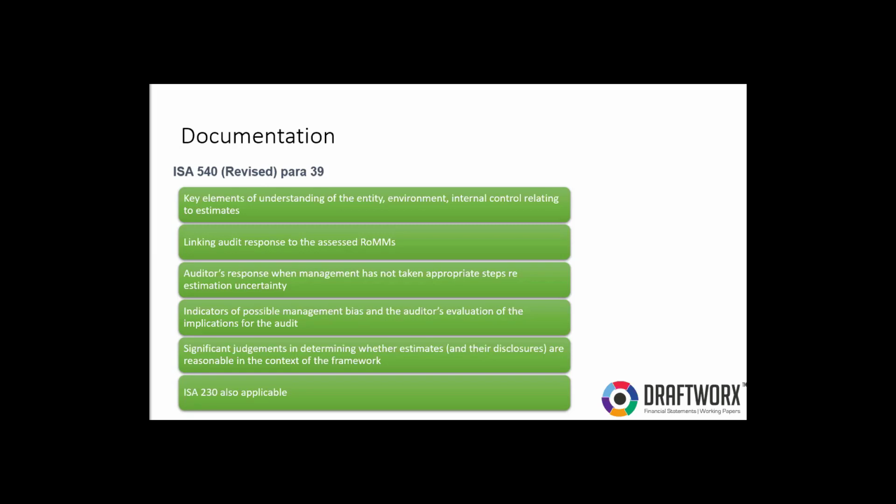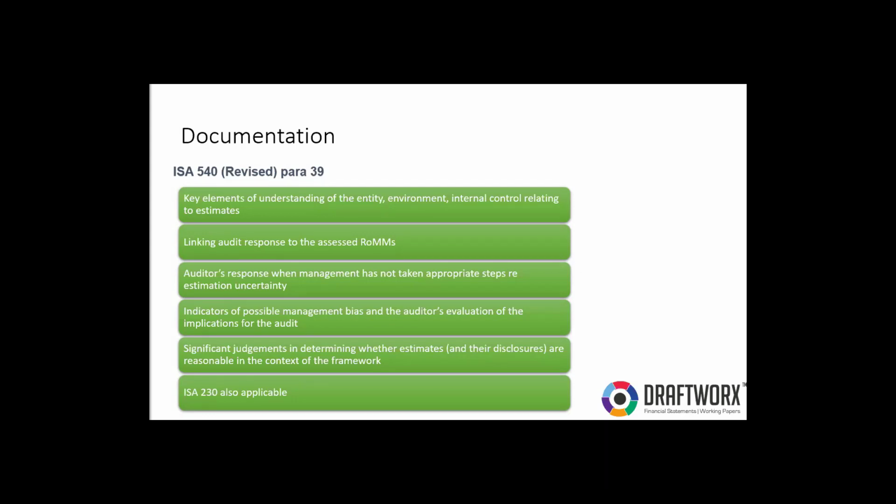And when you're documenting, you must never forget that the principles of ISA 230 are also applicable here. That means documenting your work in a reperformable manner, addressing nature, timing, and extent of work performed, documenting, identifying detail, documenting what assumptions, methods, data, etc. you used, whatever is appropriate, of course, based on the testing approach that you followed.